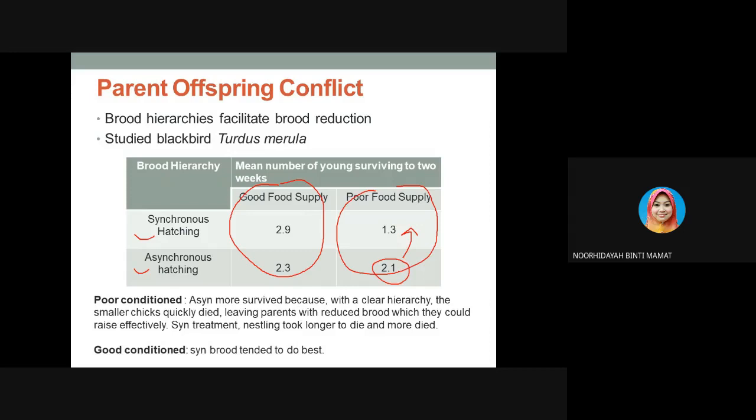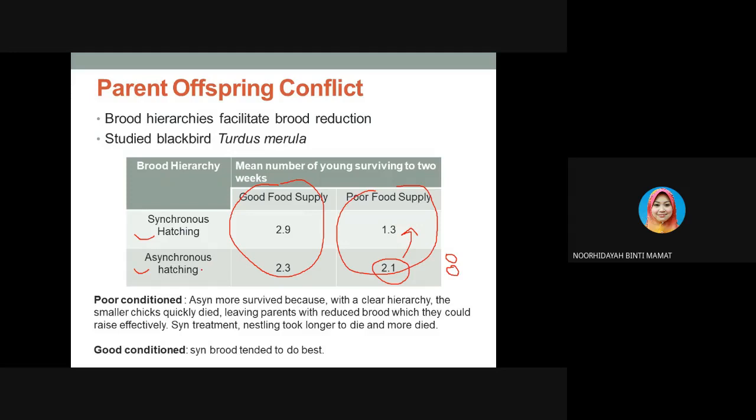Because with a clear hierarchy, the smaller chick quickly dies, leaving the parents with a reduced brood, which they could raise effectively. As you can see from here, for asynchronous hatching, we normally will have the bigger size of the chick, and also the smaller size of the chick.